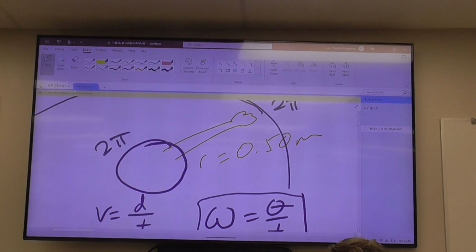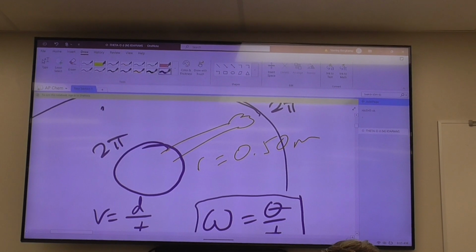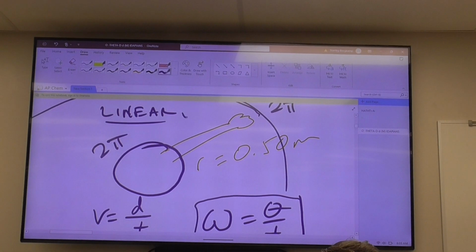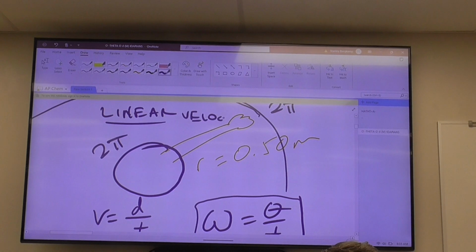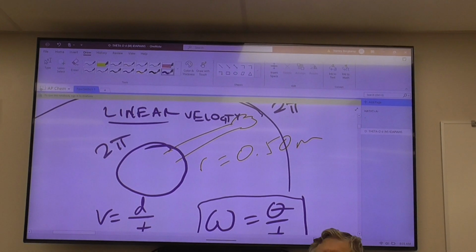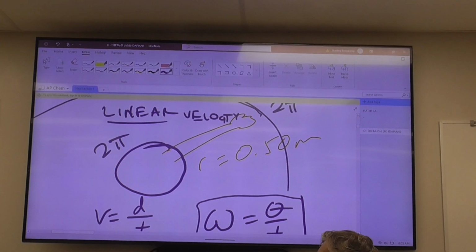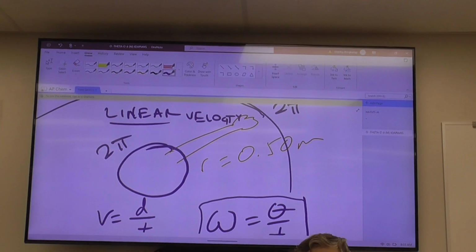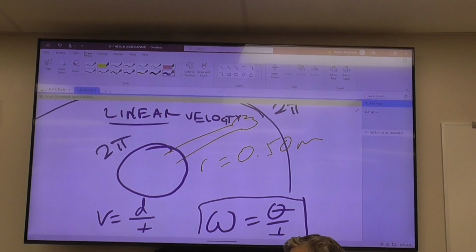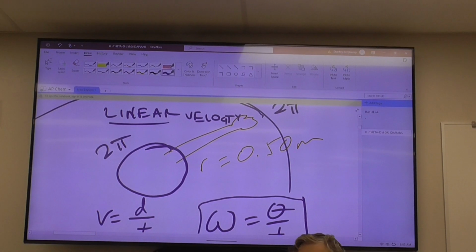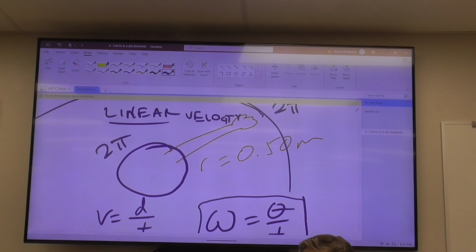which point on my arm has the greatest linear velocity? Tip of your finger. Hold on. There's a couple of ways you can view this concept of linear velocity. One is that, imagine that you had a radar gun, and you're shooting that radar gun at different points of my arm. The radar gun is going to measure how fast that object is moving in, say, meters per second.